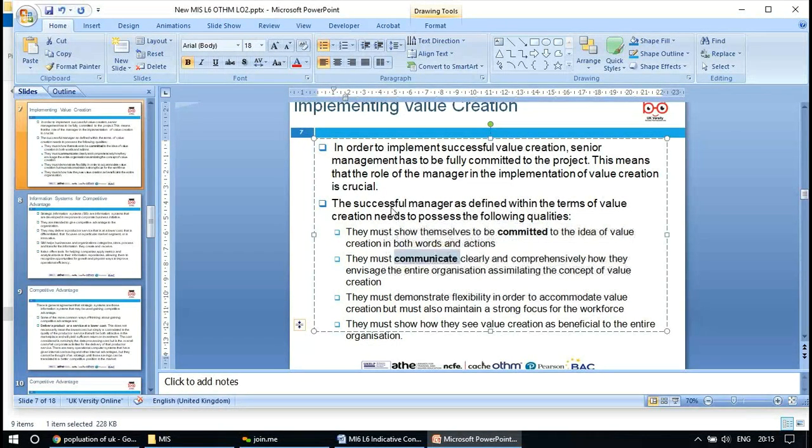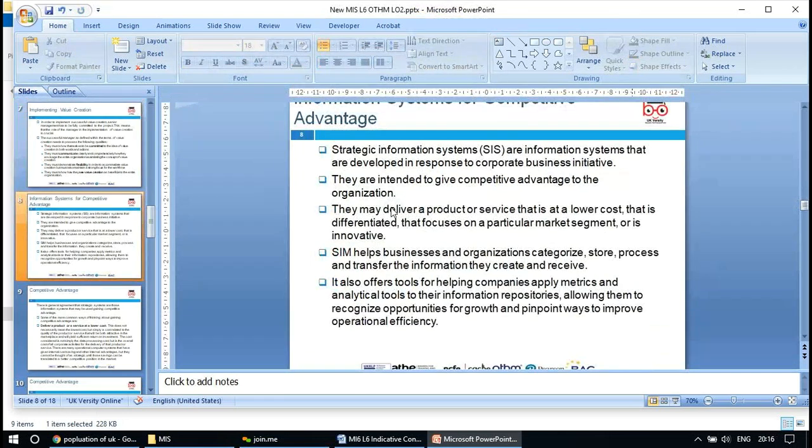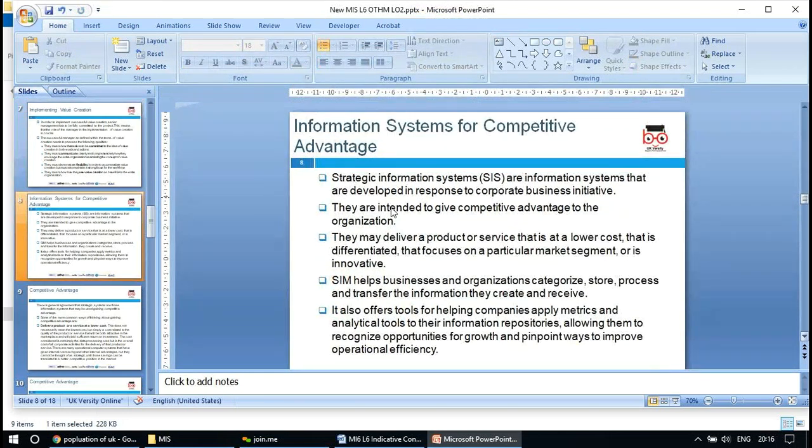Communication is important, isn't it? And of course, the flexibility in accommodating the value is important. And they must show how they see the value creation, whether it is beneficial to the organization or not. So that's basically the idea behind the implementation.